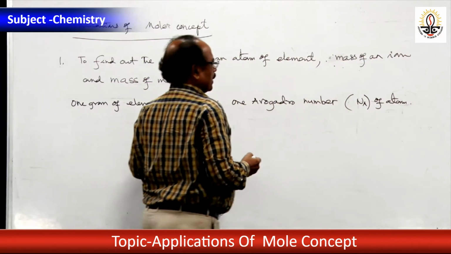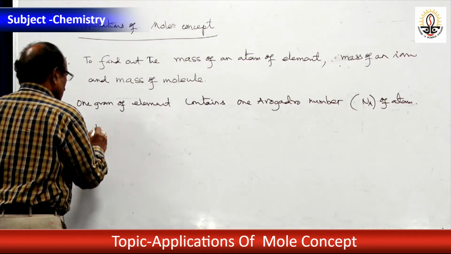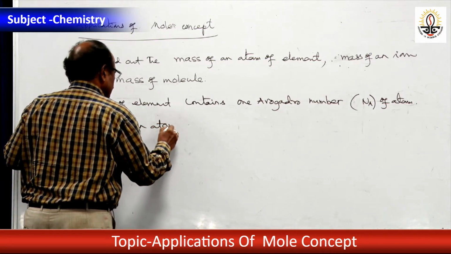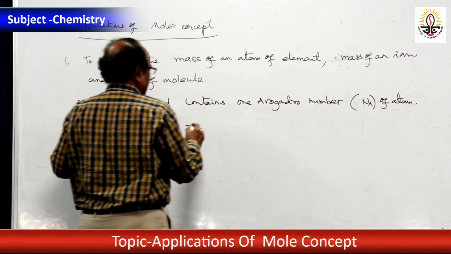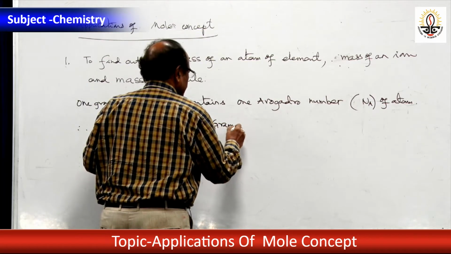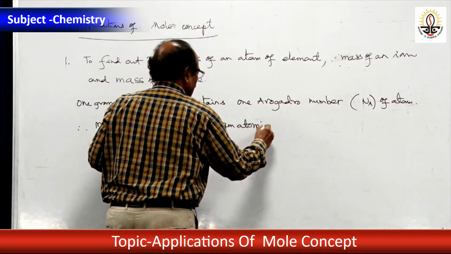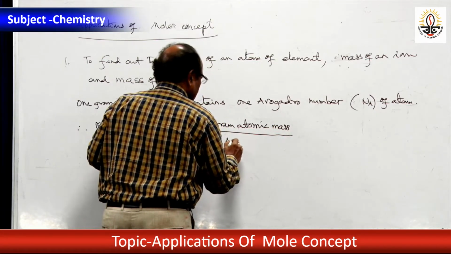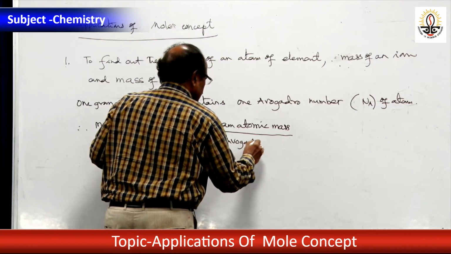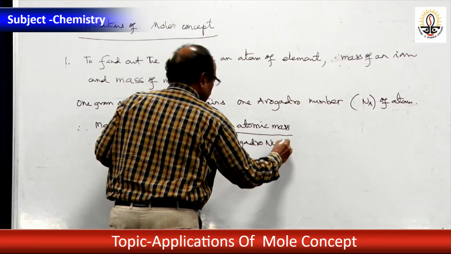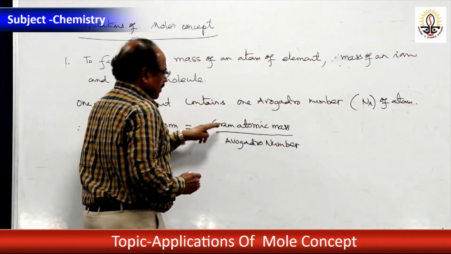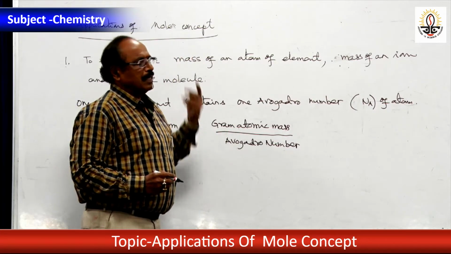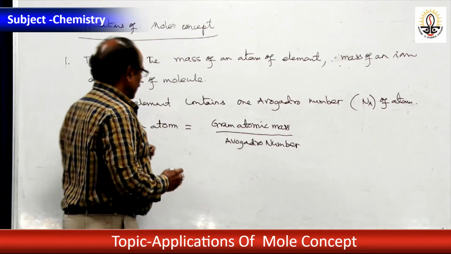Therefore, mass of an atom will be the gram atomic mass by Avogadro number. Gram atomic mass is a mole. We are dividing it by Avogadro number, so we can know the mass of an atom of the element.